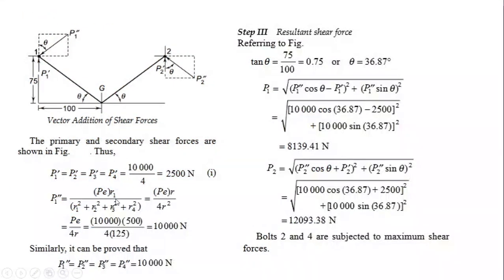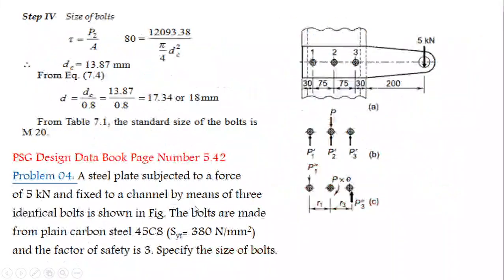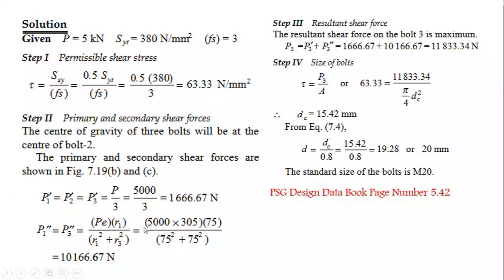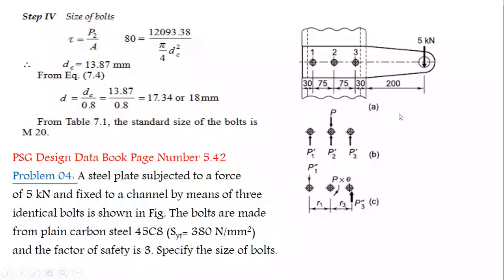R1 divided by R1 squared plus R3 squared. Here R1 and R3 are the same because the distance is 75 and 75 only. P we already know is 5000, into e. What is the e value here? 200 plus 30, 230, plus 75, this is the center of gravity CG point.